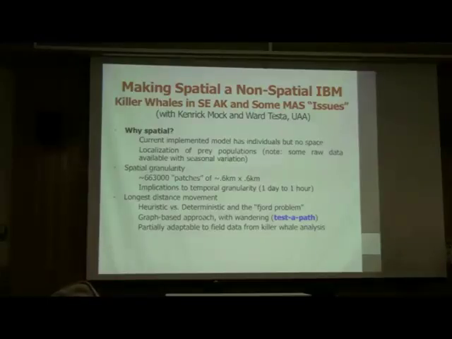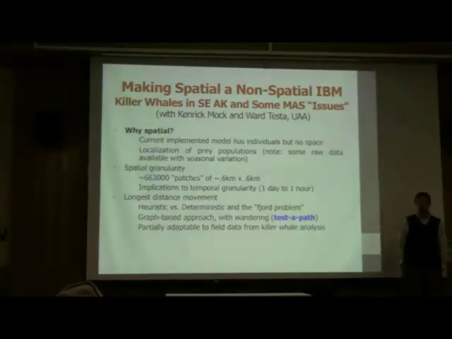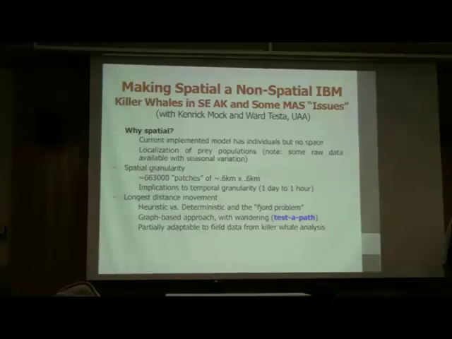You want some amount of probabilistic behavior, because that will eventually allow whales to discover new places. If every time a whale goes from one place to another it always follows the same path, there will be no learning. Whales will never discover something new. And that doesn't seem to match the way whales behave.